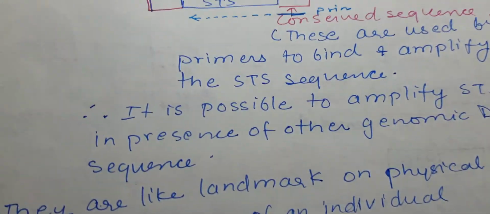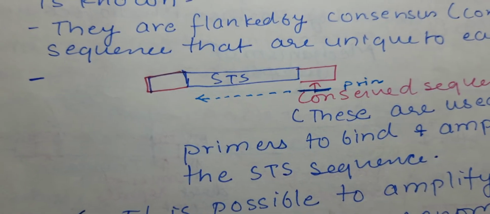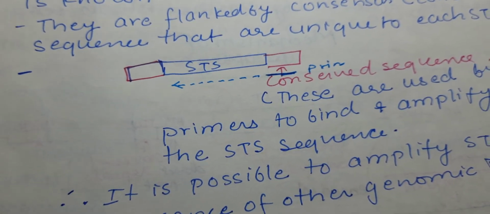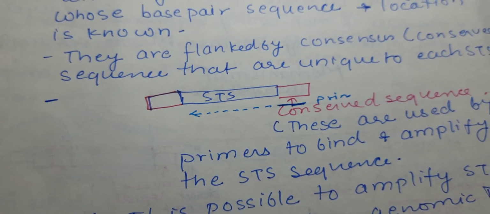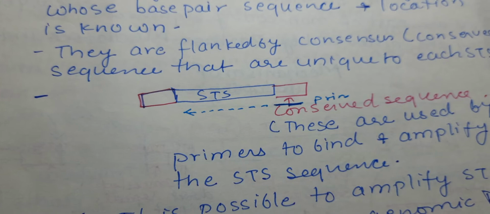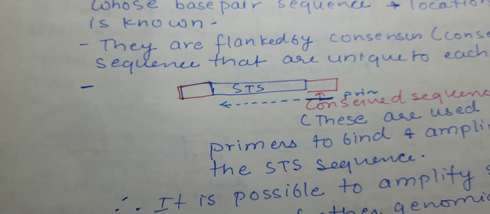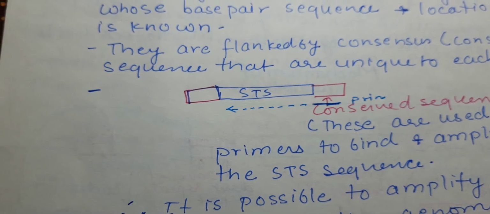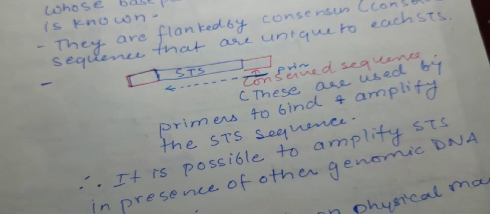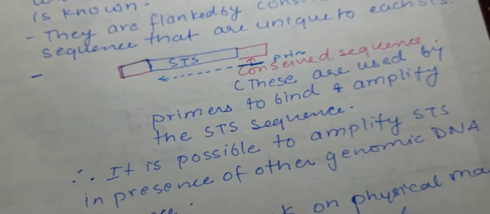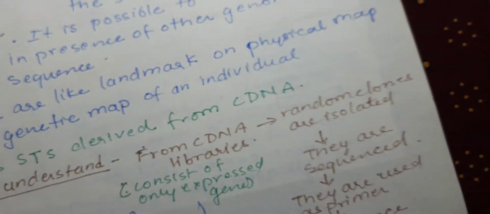Once we know where the STS is situated in the genome, we can find other sequences with respect to it, and it is easy to sequence the nearby region of the genome. Specifically, they were utilized during the Human Genome Project.